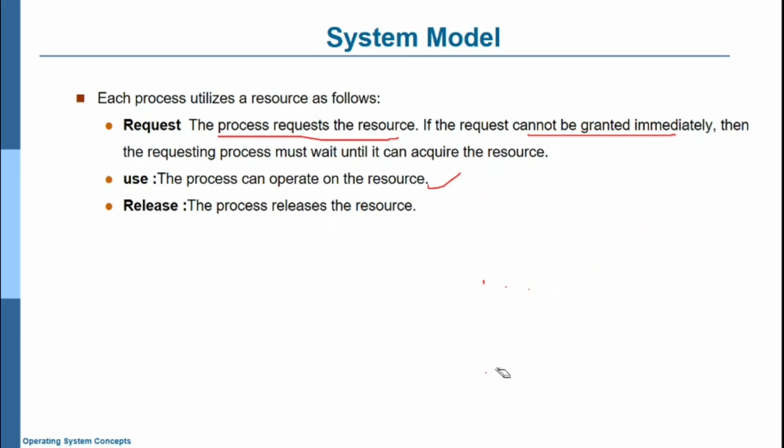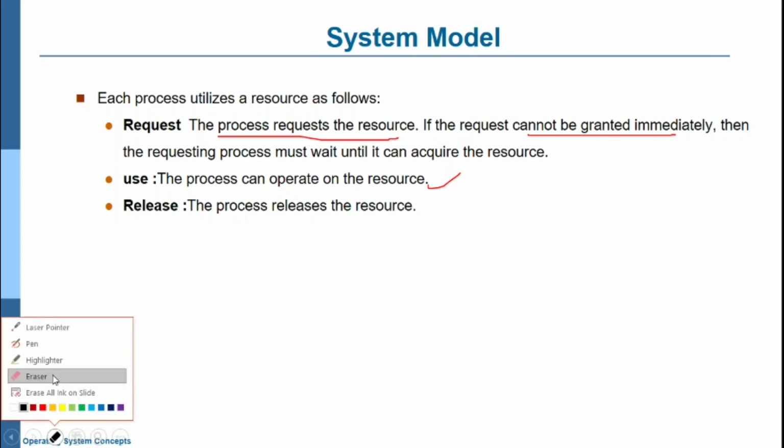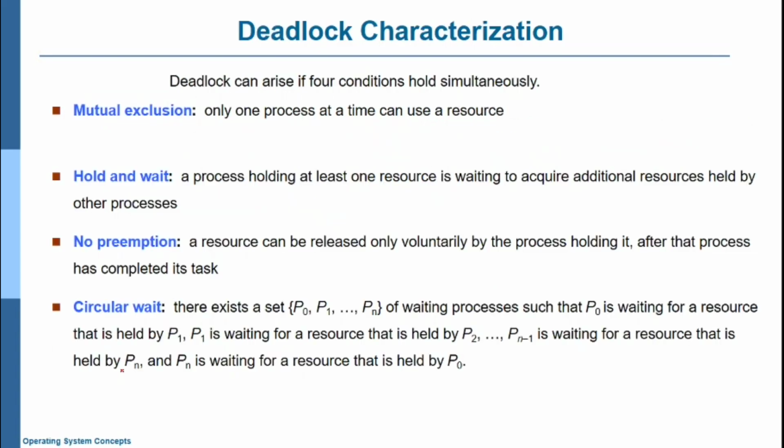So next we'll go on to deadlock characterization. We saw the definition of deadlock. Then what is the characterization of a deadlock? There are four conditions that hold simultaneously whenever a process gets a deadlock.